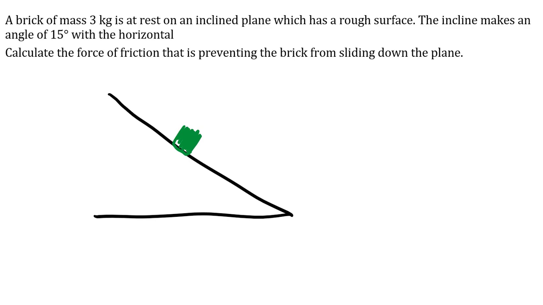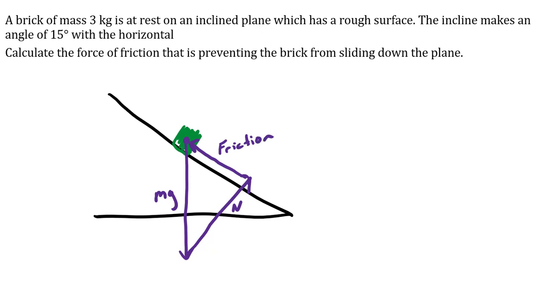So there's my brick, and I'm going to draw the vector going down. Notice that the length of the vectors doesn't really matter. I have this downward force, which is mg, and then there's a normal force that comes out to here. In this particular case, it tells me that friction is preventing it from sliding down the plane, which means there must be a third force acting here, and that's friction.